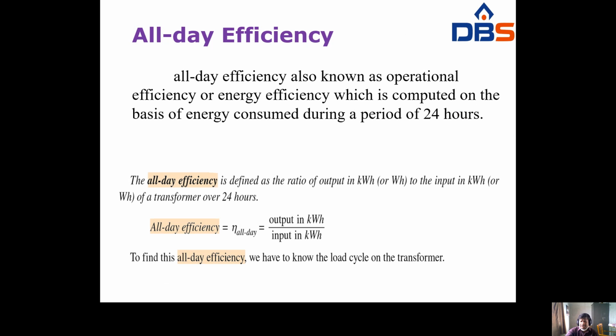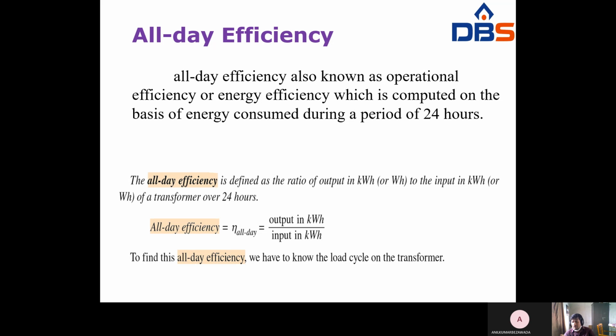Next, all day efficiency. Generally, efficiency is nothing but output power by input power. That is efficiency in per unit. Otherwise, percentage efficiency is output power by input power multiplied by 100. But what is all day efficiency? That means the output is expressed in kilowatt hour and the input is also expressed in kilowatt hour.